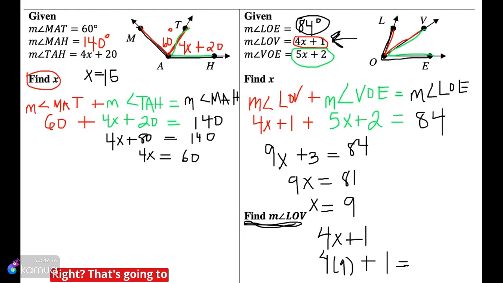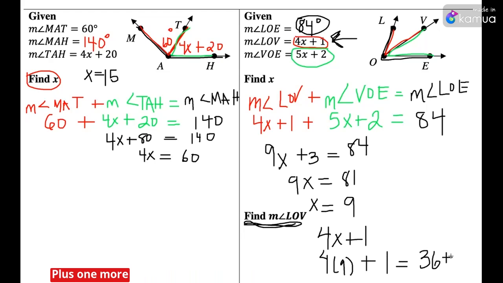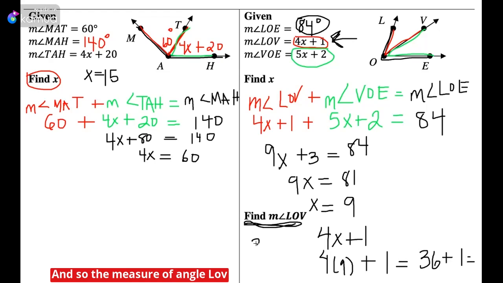Right, so that's going to give us 4 times 9 is 36, plus 1 more is 37. Okay, so the measure of angle LOV is 37 degrees. That's our answer there, okay?